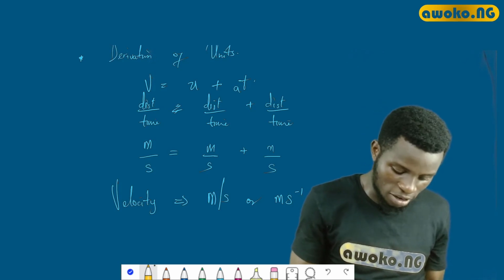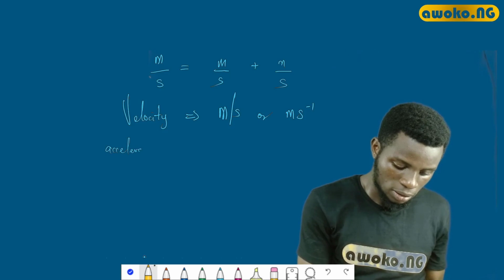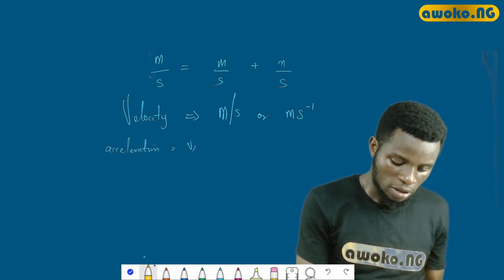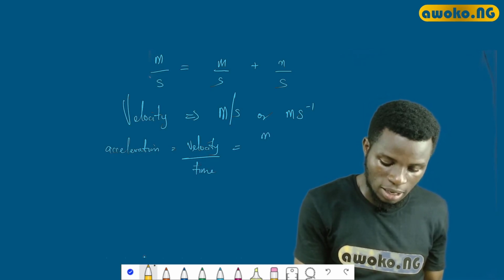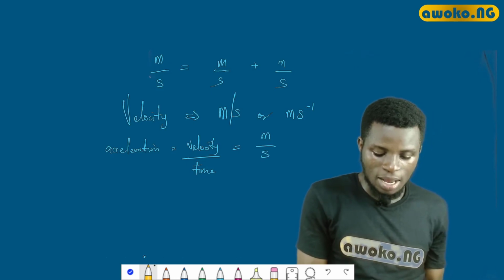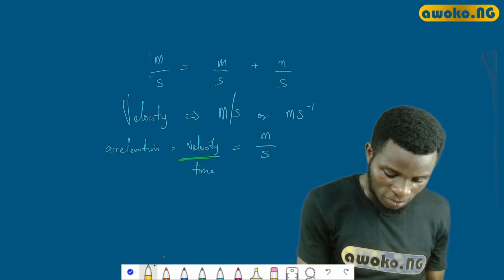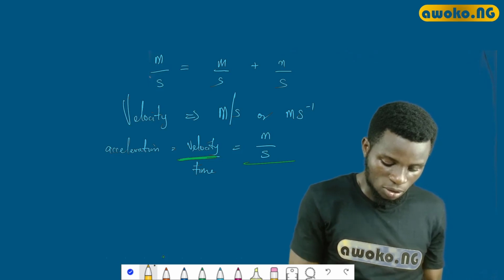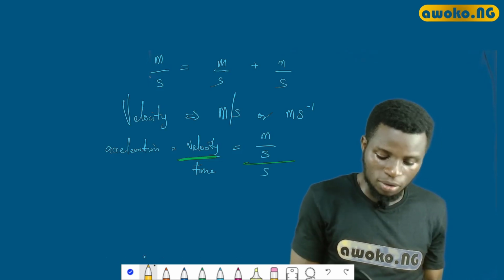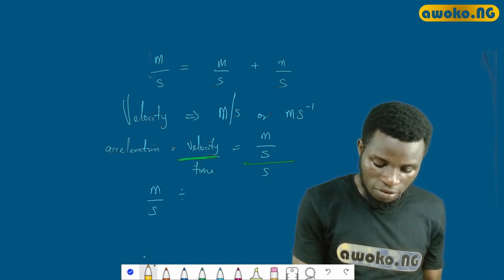Now let us check for acceleration. Acceleration is velocity over time. What is the unit for velocity? We know that it is meters over seconds, divided by time, which is also seconds. If you do your normal arithmetic, this is m over s divided by s.